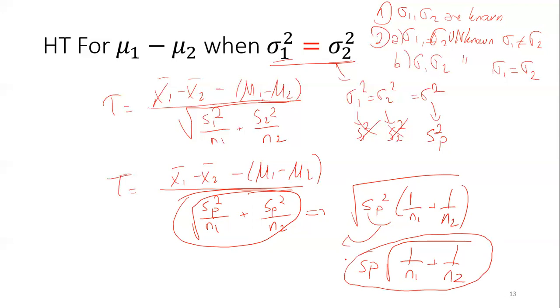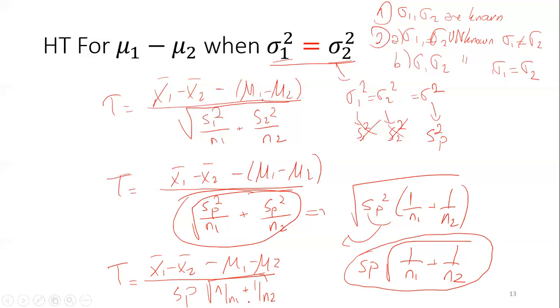That's great. So instead of the previous one, you can now use this t random variable: x1 bar minus x2 bar minus (mu1 minus mu2), divided by sp times the square root of 1 over n1 plus 1 over n2. This is my new t random variable.